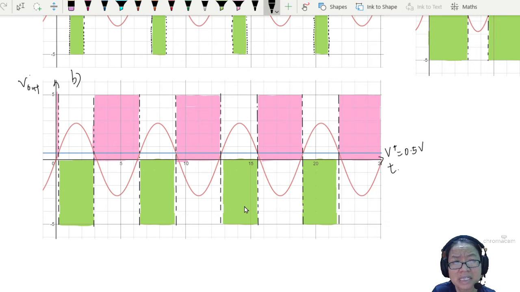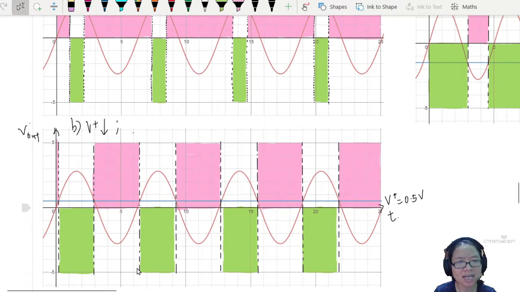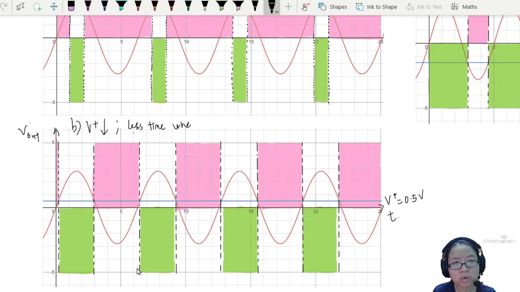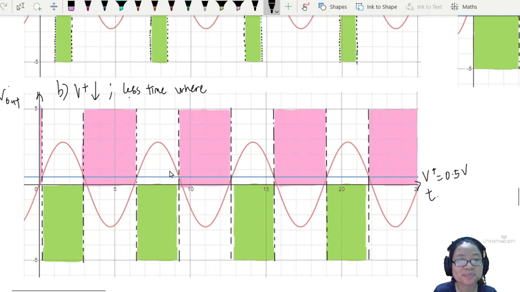This is for part B, I think. So you can say that when V plus decreases, or V2 decreases, then your V plus is less than V minus, or rather, I would just say that less time, or a shorter time interval, where your non-inverting input is greater than your inverting input.